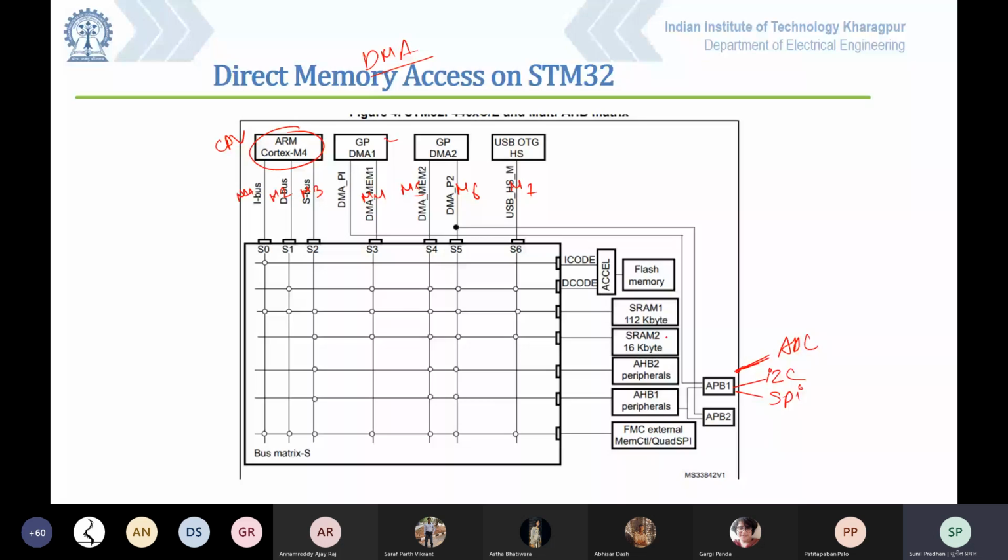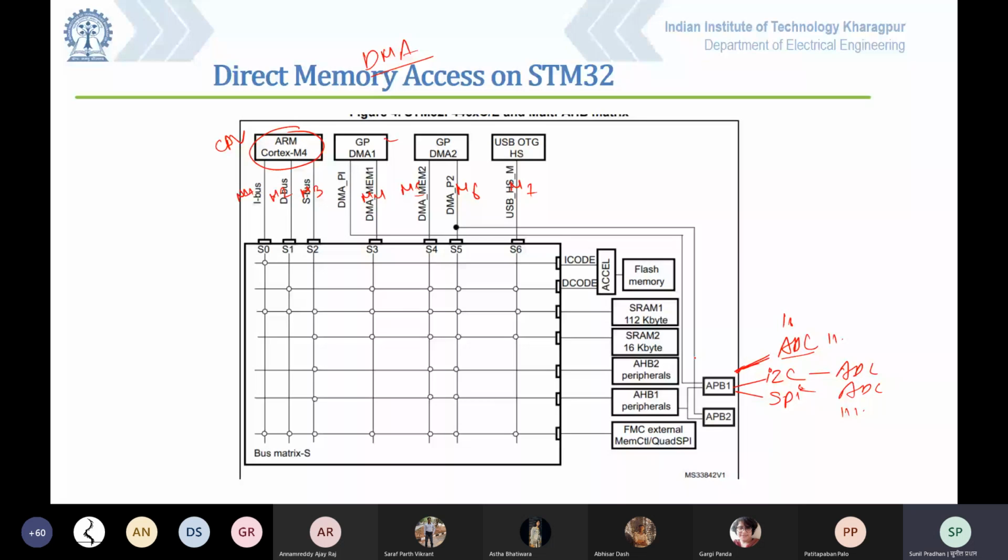So if I have one APB1 and my ADC is connected to it, this is case 1, case 2 and case 3. In case 1, my ADC is directly connected to the APB1 peripheral, or it is connected through I2C, or it is connected through SPI.